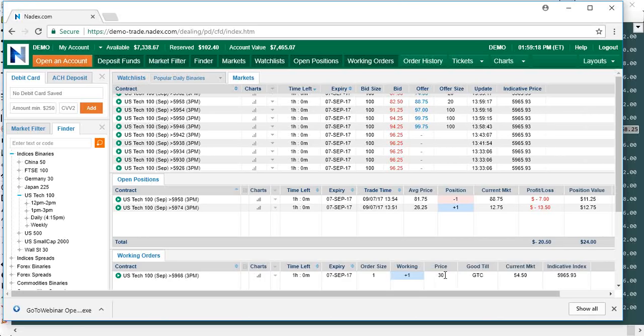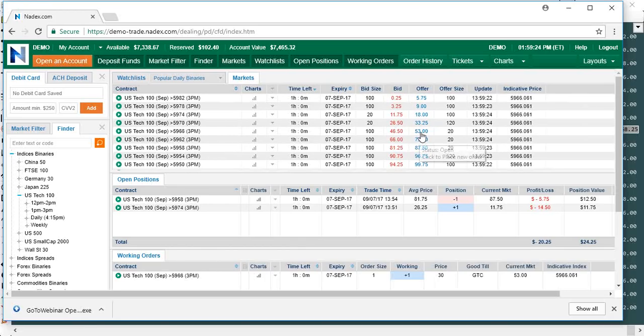Because right now it's up at, where is it? At 53. So this working limit order is not going to fire off until the price gets down to the level that I said. Everybody follow me there? Those others, I did a market order and I entered right away, right?